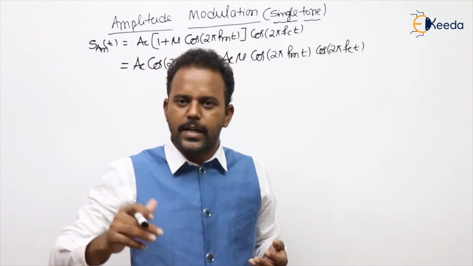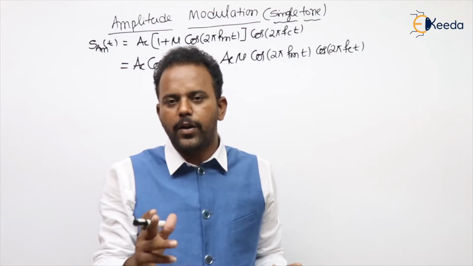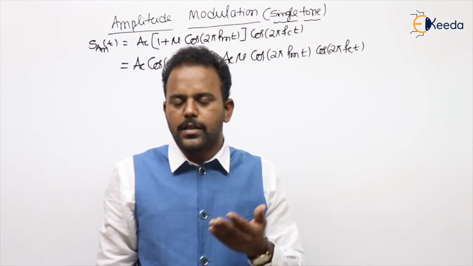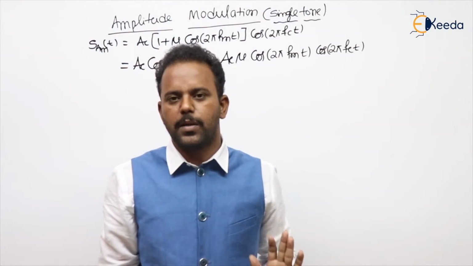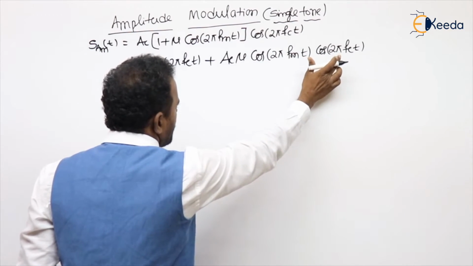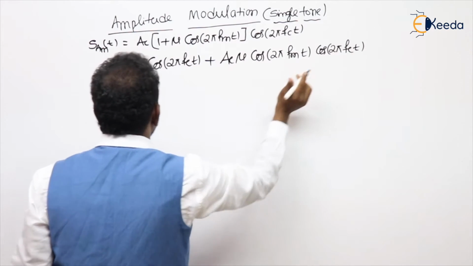Like cos A sin B, sin A cos B. If both the terms are the same, then cos terms will come. Different means sin terms will come. Like cos square A is (1 + cos 2A)/2, sin square A is (1 - cos 2A)/2. Remember these formulas, students. Here, in cos A cos B, generally A means the bigger term, f_c is the larger.